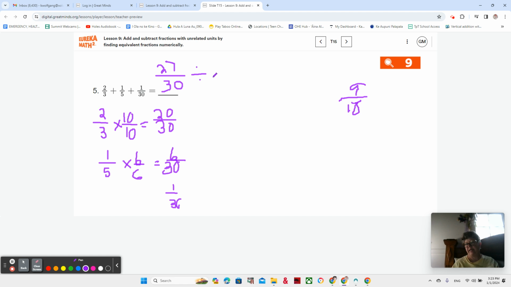If I divide them both by 3, 30 divided by 3 is 10. 27 divided by 3 is 9. Very good. And it does come out to 9/10ths. So perfectly nice. Make sure you have that written down for number 5. And we have one more problem to look at.